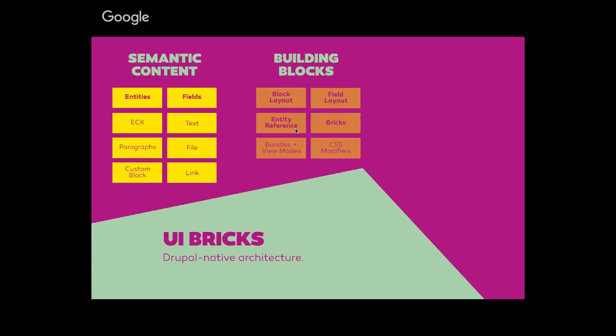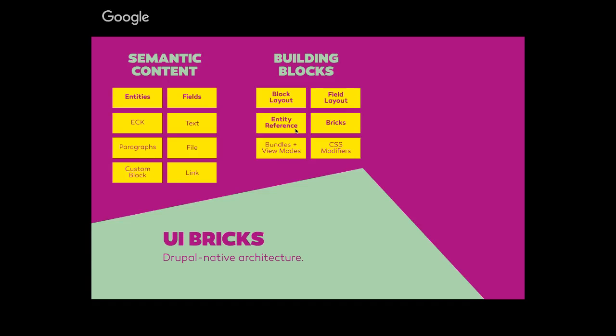And for this, we have a block layout, which allows us to arrange a global layout on our website. We have a field layout, which allows us to configure how each entity will output its fields. We can do it via the user interface using field layout, or we can do it directly via template file, as before.